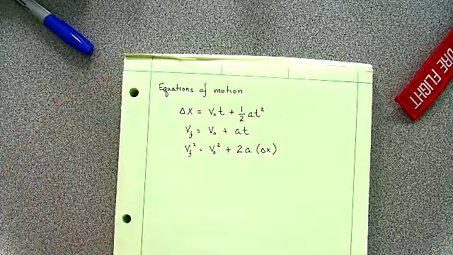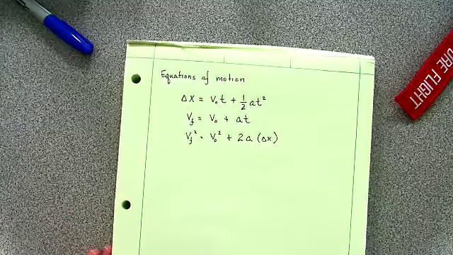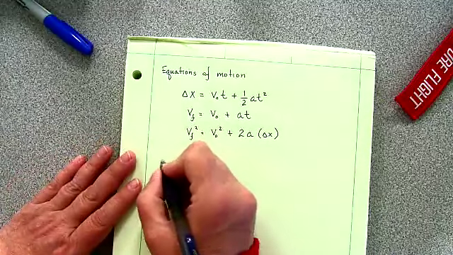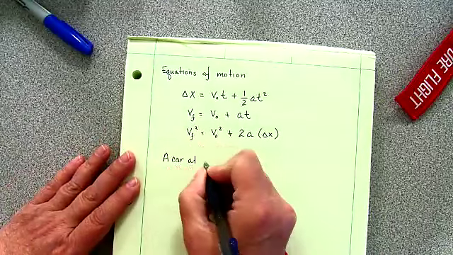So right now, all I'm going to do is look at this in terms of our units. So what we're going to do is take a car at a stop sign.